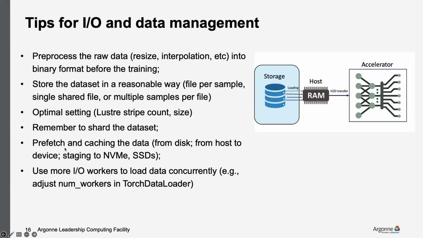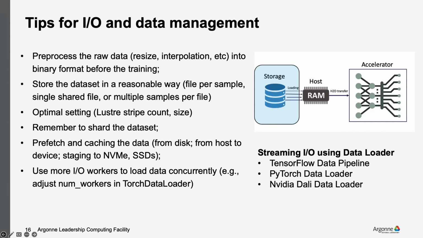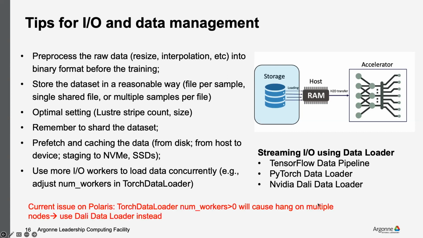And a lot of data loaders support prefetching and caching, so play with that to see whether you can improve your I/O performance, and use more I/O workers as I mentioned in previous slides. One thing is that I mentioned you can use multiple I/O workers, right? But with PyTorch, there's currently a limitation on Polaris.